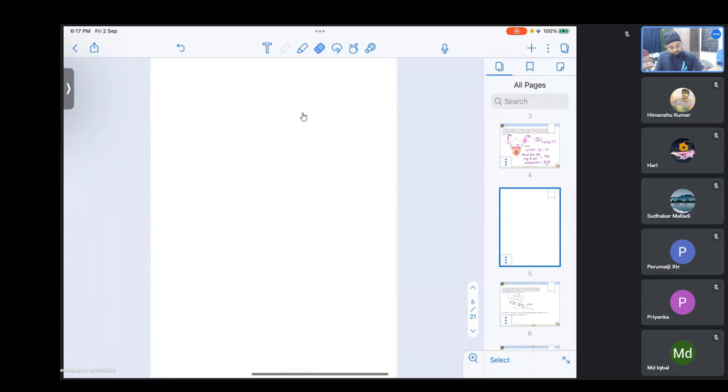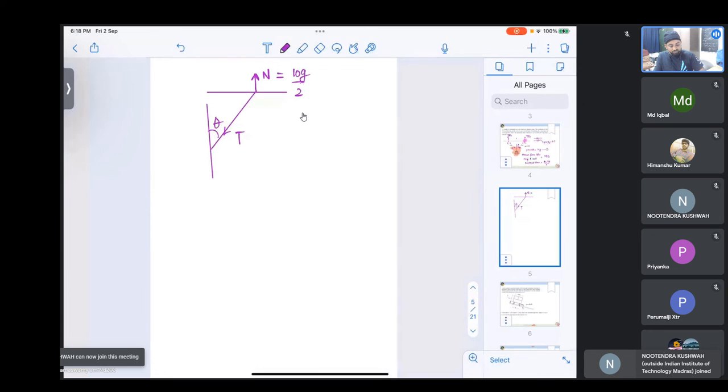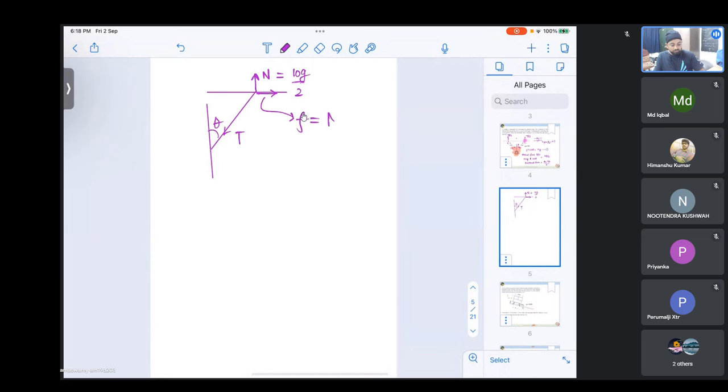So if we see here, we have a tension, and we have said that this is theta. The normal force at this point, N, is given by 10g by 2, and we have a frictional force that will balance it. The frictional force is nothing but mu s into 10g by 2. Now if we do the force balance there, this is 90 degrees.